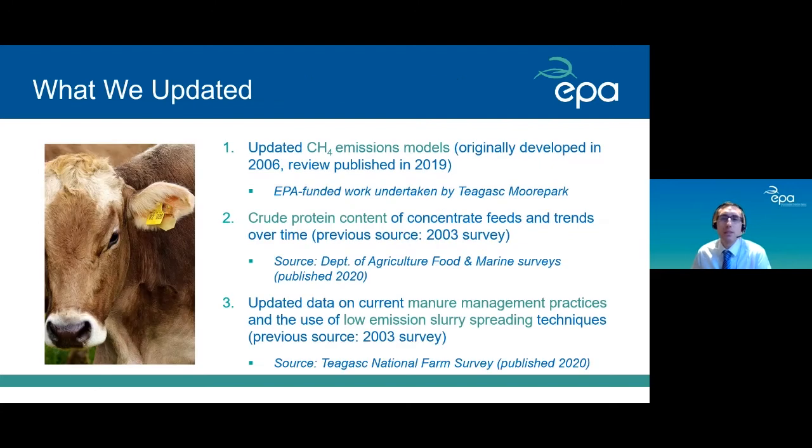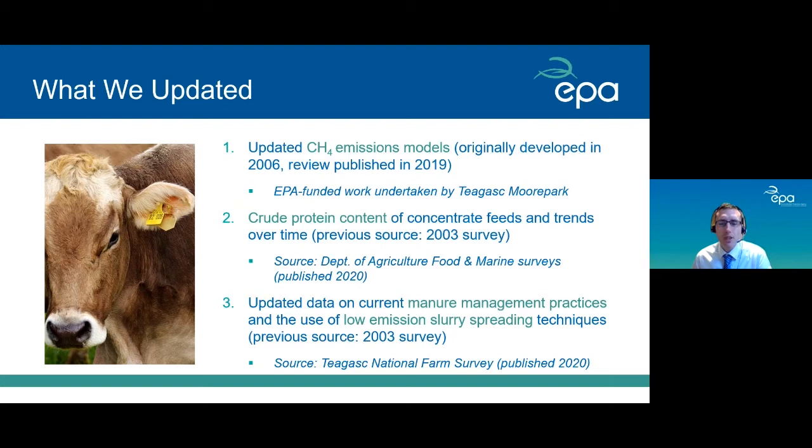So what have we updated this year? First of all, we have updated our methane emissions models, which were developed by Teagasc, to the latest versions. This work was undertaken by Teagasc Moorepark and funded by the EPA and published in 2019 to reflect the latest scientific knowledge about methane emissions.